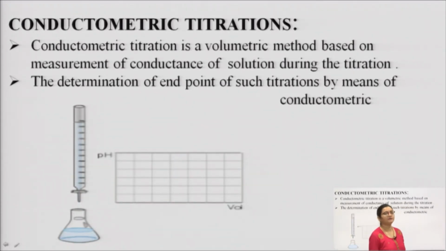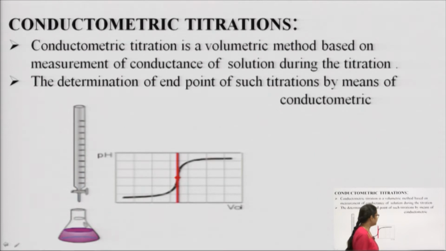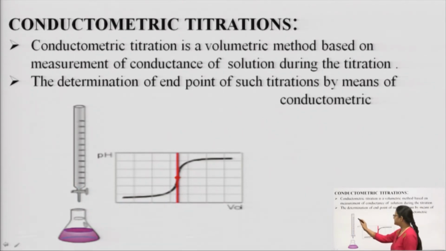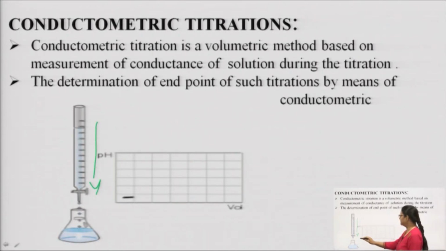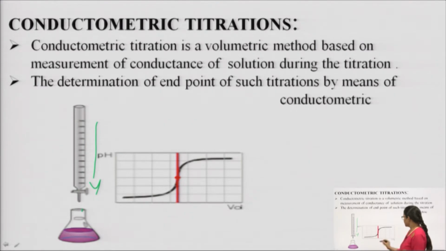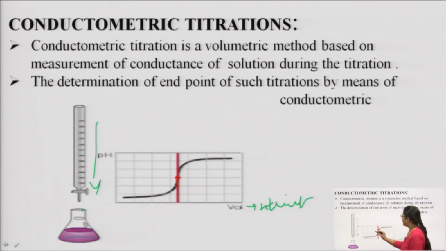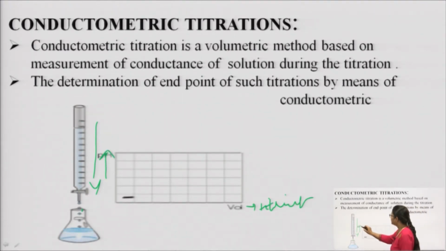In this diagram you can see very well that the titrant is being added. This is the volume of titrant which is being added, and this is the current generated.